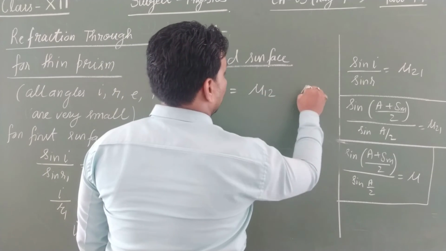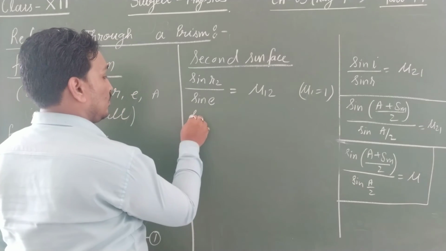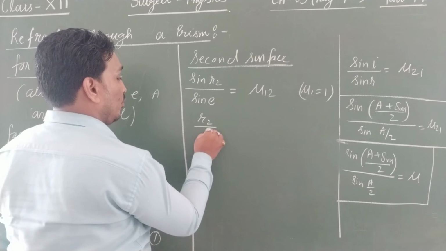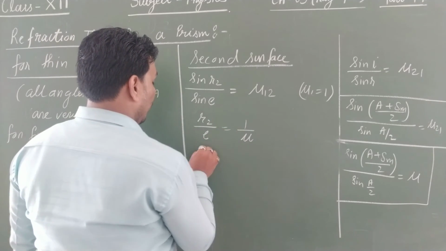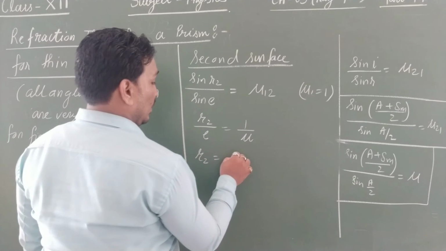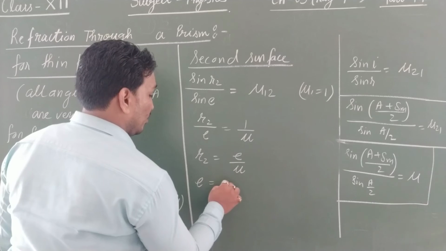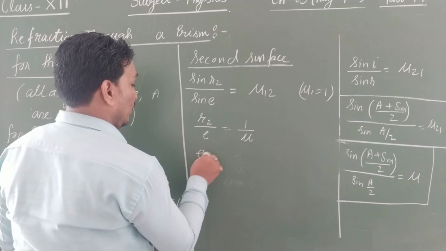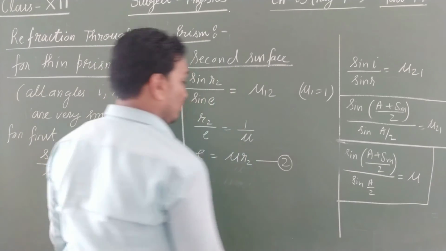Since mu 1 is equal to 1, we have taken it as air, and the angles are very small also, so it can be written as R2 upon E is equal to 1 upon mu. Now the value of E comes out to be mu R2, equation number 2.